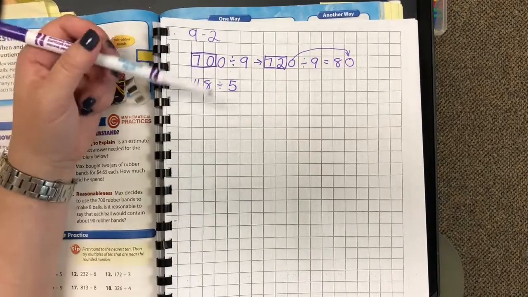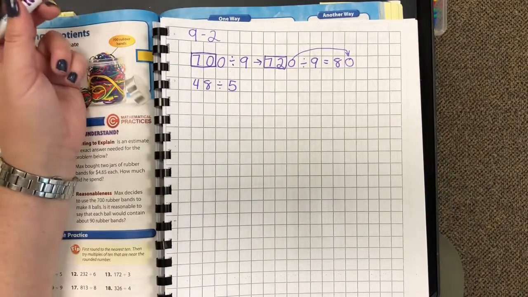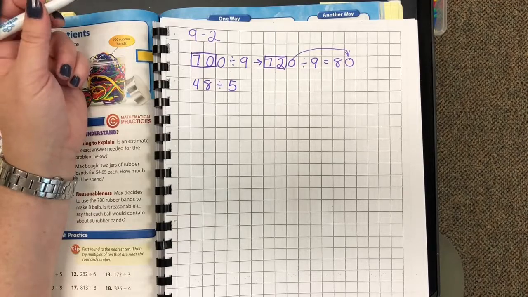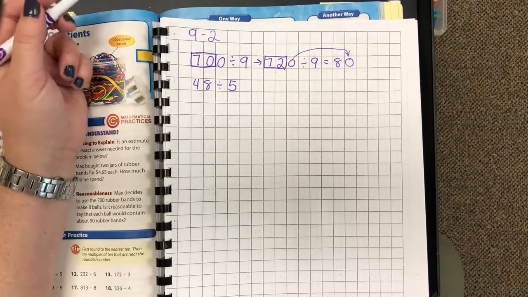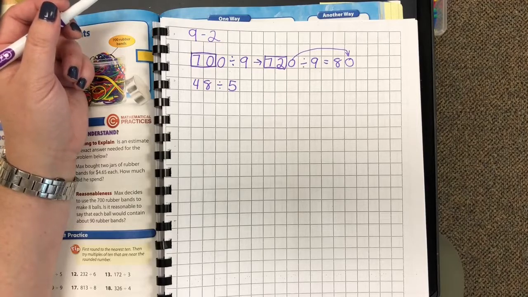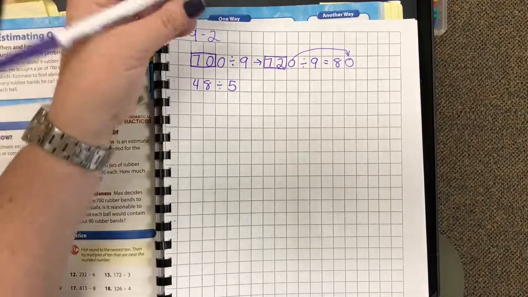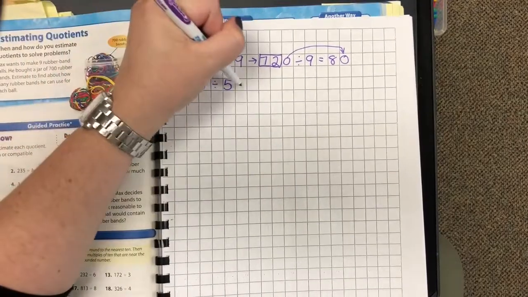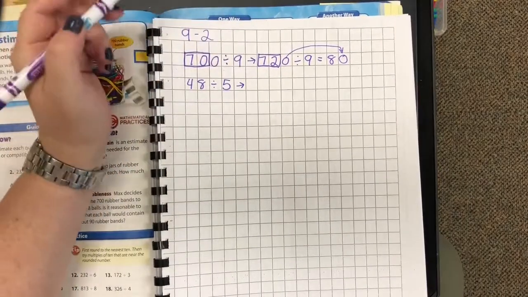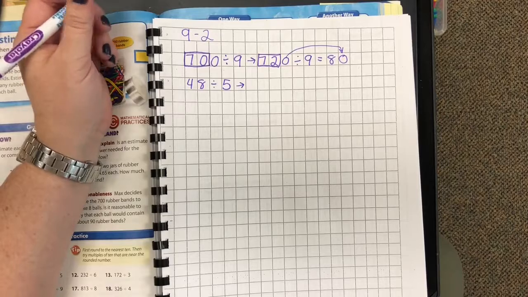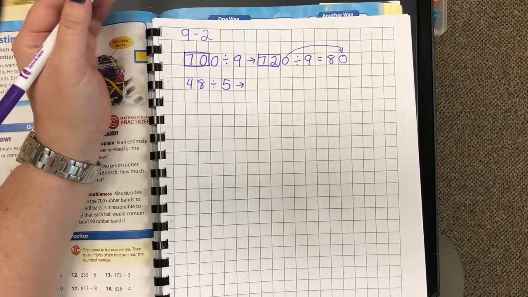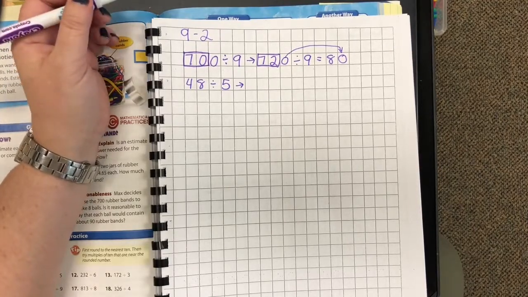Can I multiply something by 5 to get 48? No. If I'm dealing with 5, the end number in the ones place is going to be either a 0 or a 5. That's it. So what should I do to this 48? 50. Why is 50 the better choice than 45? It's closer.